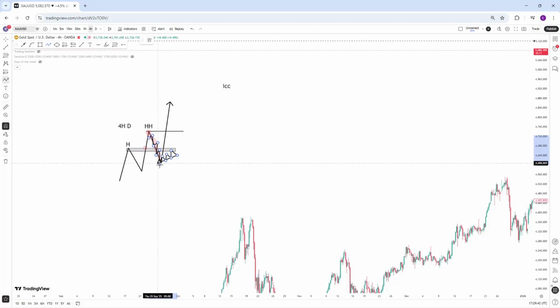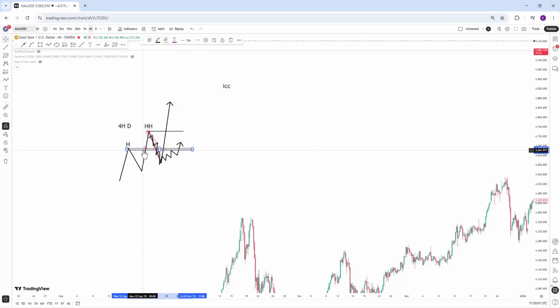The best entry you could get is when price comes above this level. And why above this level? You already know that when price went above this level, it made a new high.